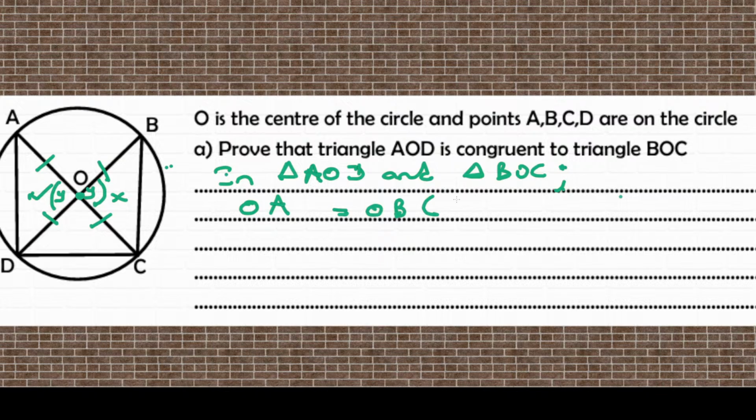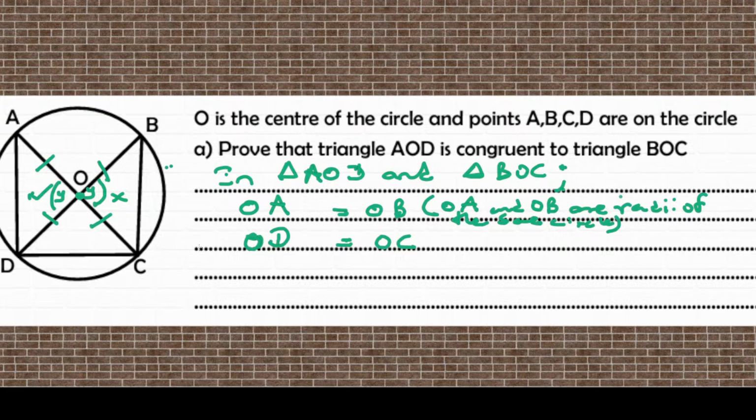Those are 2 radii of the same circle. Then we have OD is equal to OC, the same reason. OD and OC are radii of the same circle.